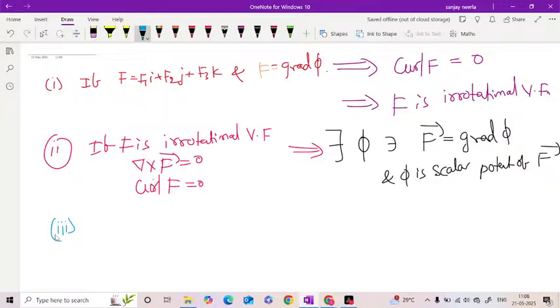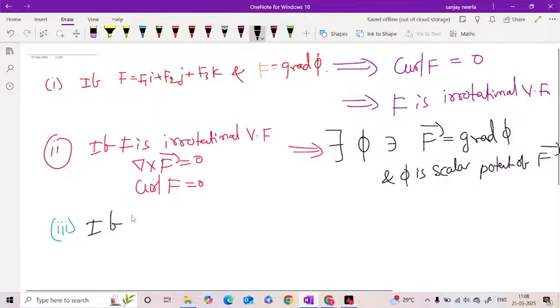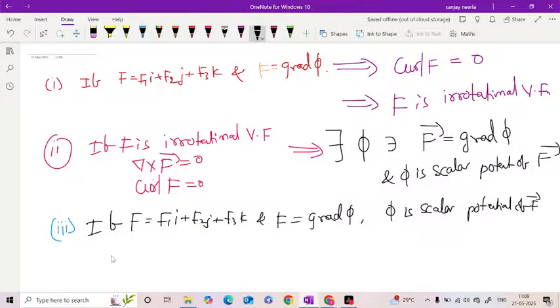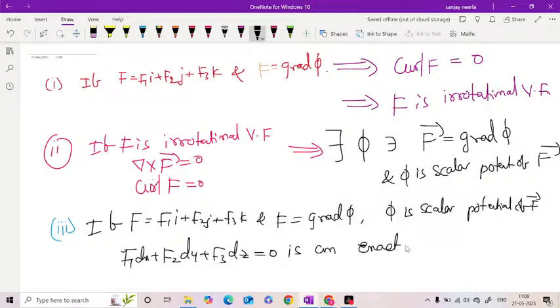Third, if F is equal to f1 i plus f2 j plus f3 k and F is equal to the gradient of phi, and phi is the scalar potential of F, then f1 dx plus f2 dy plus f3 dz is an exact differential equation.